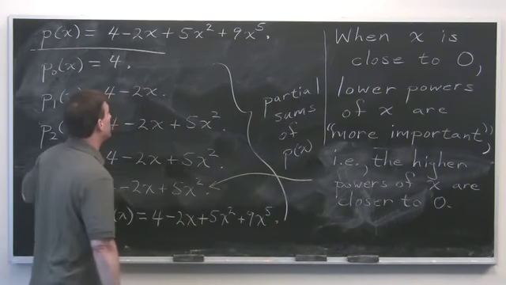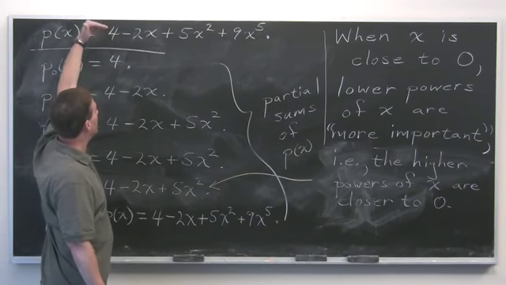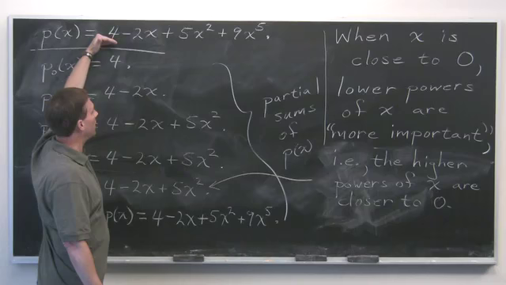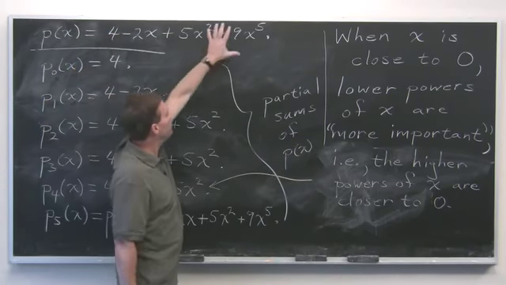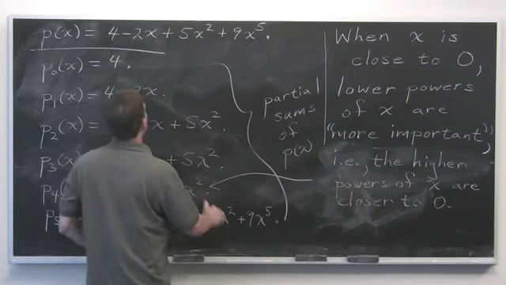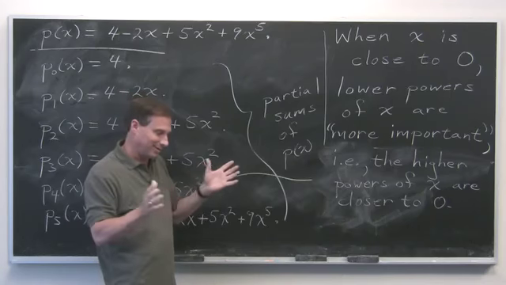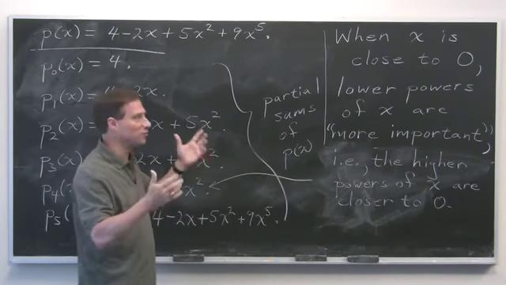So what does this mean? It means if you know that x is close to 0 and you want to approximate this polynomial, leaving off high-powered terms should give you a reasonable approximation. Where high power means as high as you feel like.